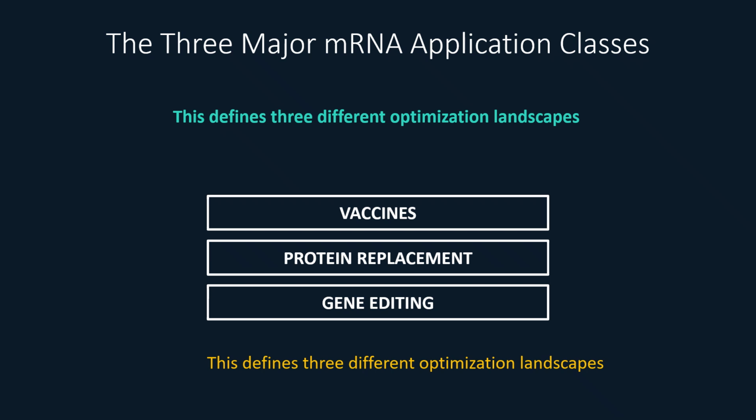So you want tightly time-limited expression and then rapid clearance. So what we just saw is that for the same molecule, we want different temporal requirements based on what needs to be achieved.